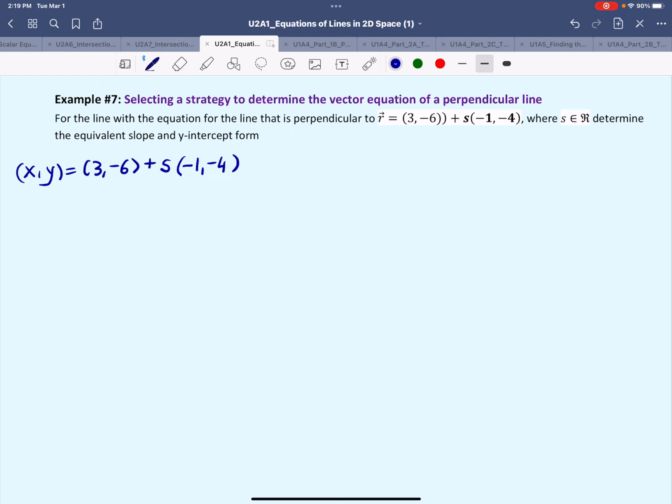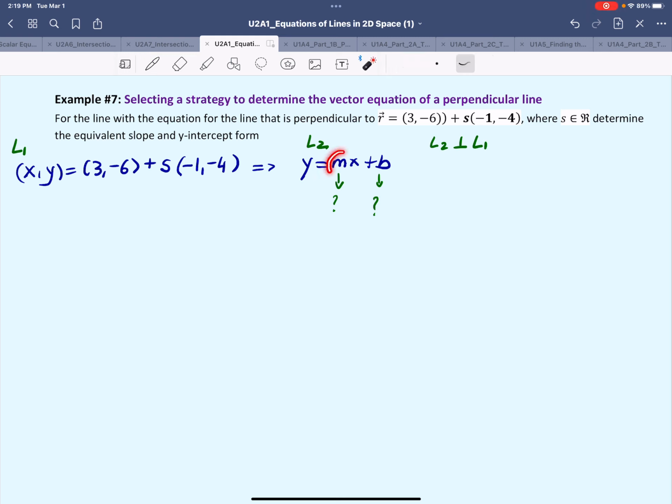If I want a line that is perpendicular to it in the form y equals mx plus b, it means that I need to find what the slope and the y-intercept of this line are. For the slope, remember that if this is L1 and this is L2, we would like L2 to be perpendicular to L1.